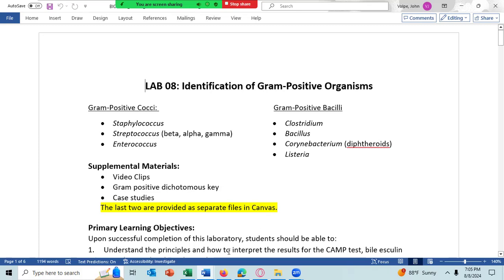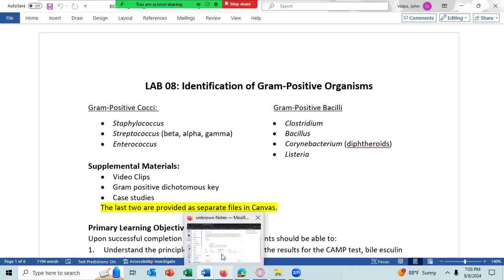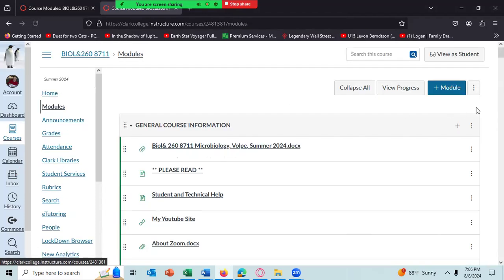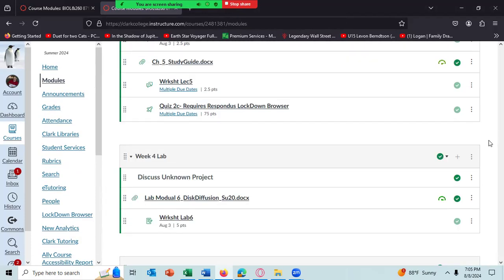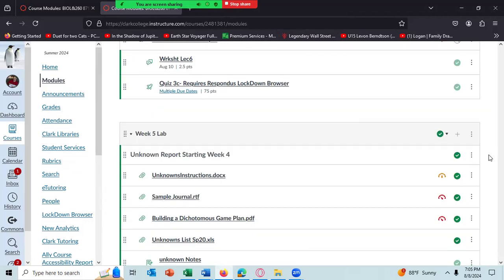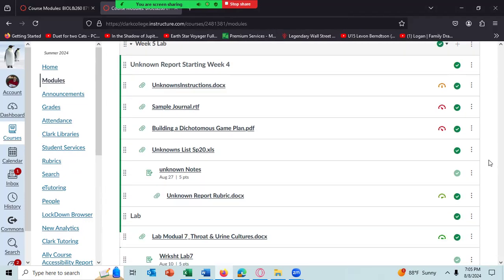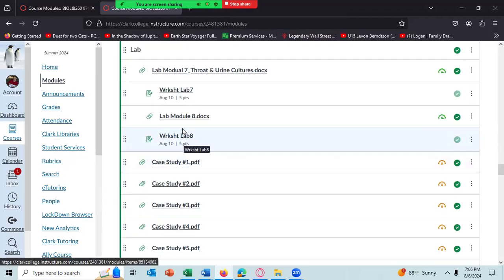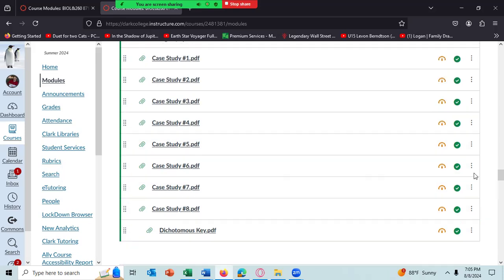Let me show you that. There you go. So worksheet lab 8, lab module 8, and then the case studies 1, 2, 3, 4, 5, 6, 7, and 8 are part of lab 8, as well as the dichotomous key.